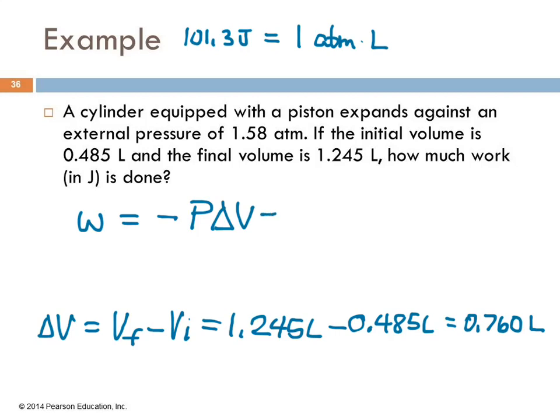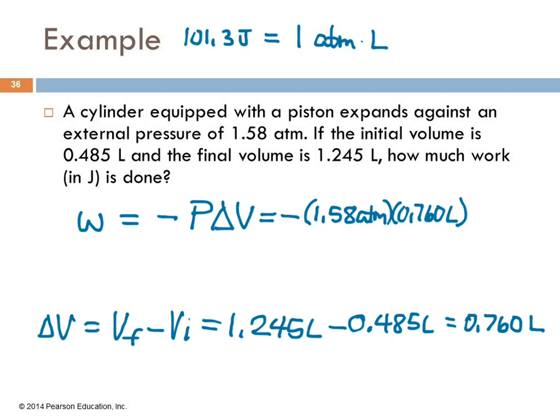So now we've got negative. The pressure is 1.58 atmospheres. The change in volume is 0.760 liters. And then it's asking for the answer in joules, so we need to use our little conversion factor here.